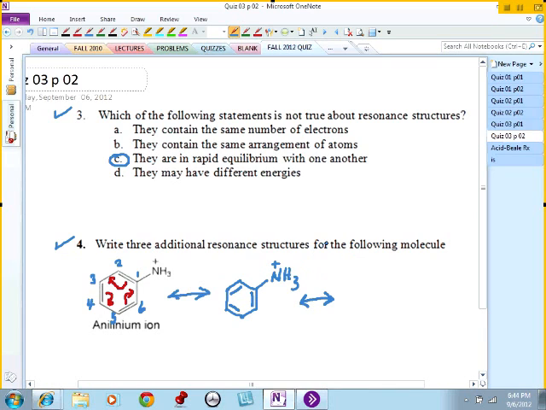Okay. So what do you want to do? Keep in mind, all we're moving with resonance is you only move the pi electron or the non-bonding electron. So you want to move which electrons here? Between 3 and 4? Okay.